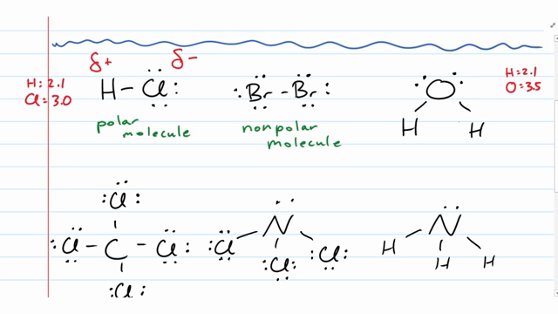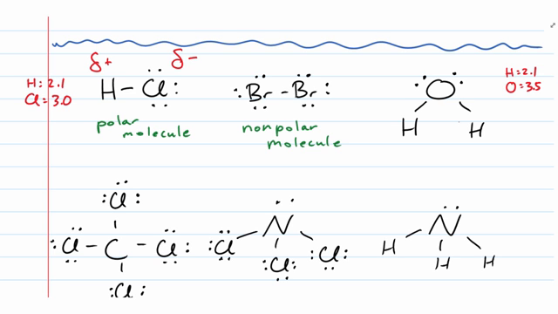So when we have two bonds, and we want to look at the difference in electronegativity, we actually want to determine the polarity of each bond. And we compare them one at a time. So if we wanted to look at this bond, we basically cover up the other one. We don't divide up the electronegativities, we always compare these values. So if these values are different, then this bond is going to be a polar bond.